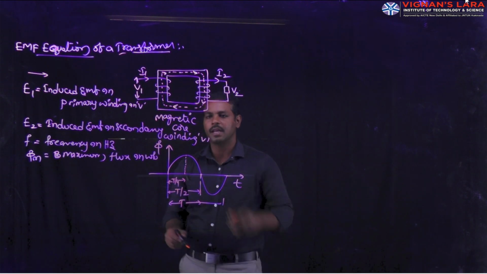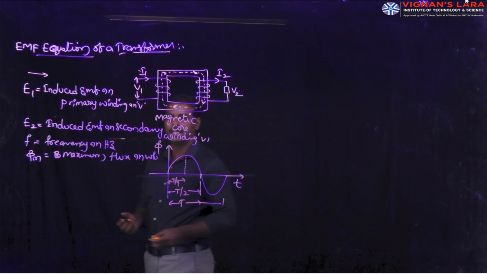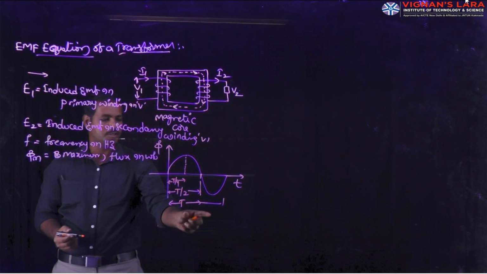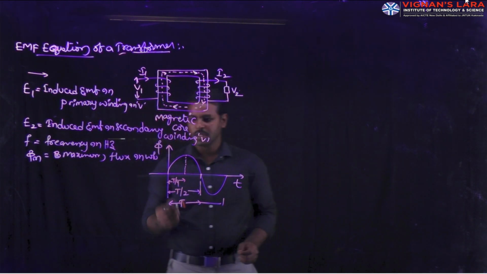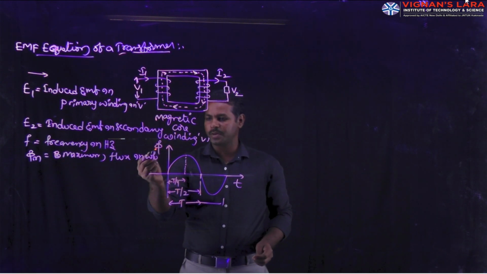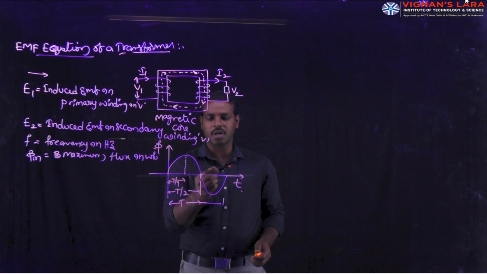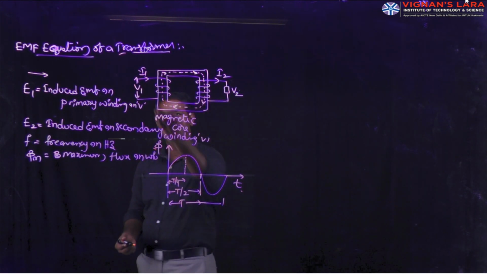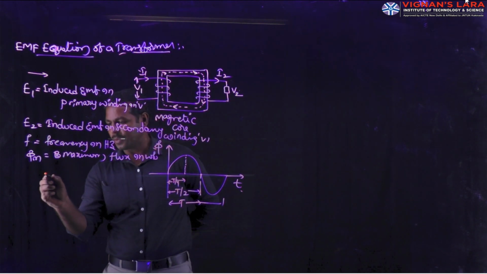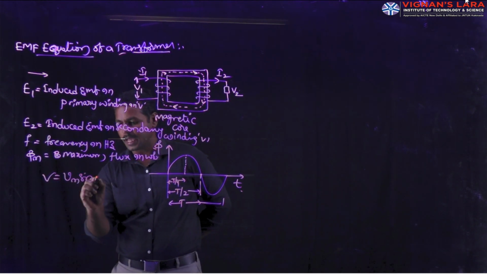Based on these notations and this circuit diagram, we can easily find the EMF equation of a transformer. If we draw the characteristics between flux versus time, given a sinusoidal supply, flux is represented as sinusoidal. The voltage given to the primary of a transformer is V equal to Vm sin omega t.